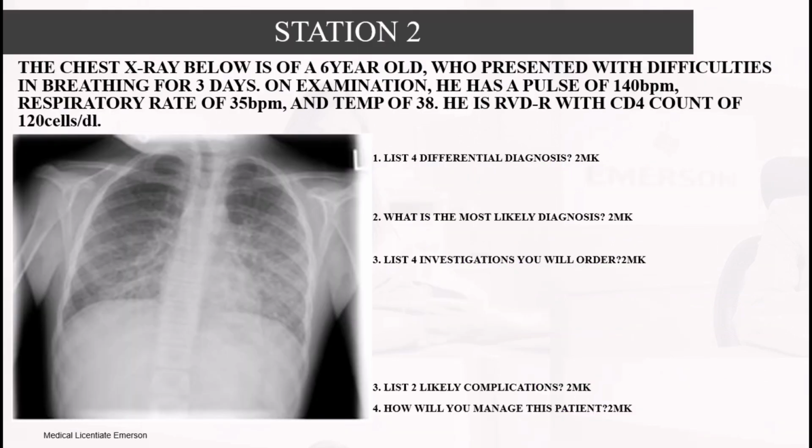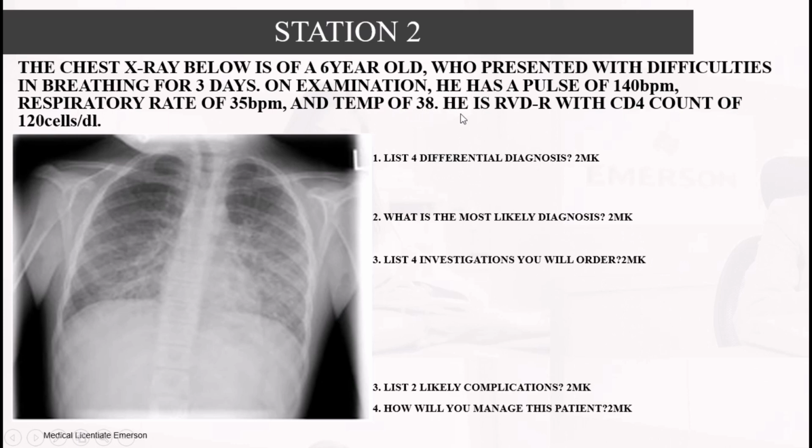Then station 2, this is the chest X-ray. Below is of a 6-year-old who presented with difficulties in breathing for 3 days. On examination, he has a pulse of 140 beats per minute, a respiratory rate of 35 breaths per minute, and a temperature of 38 degrees Celsius.